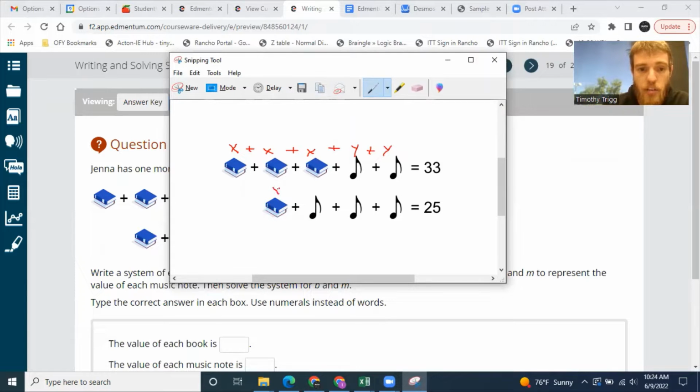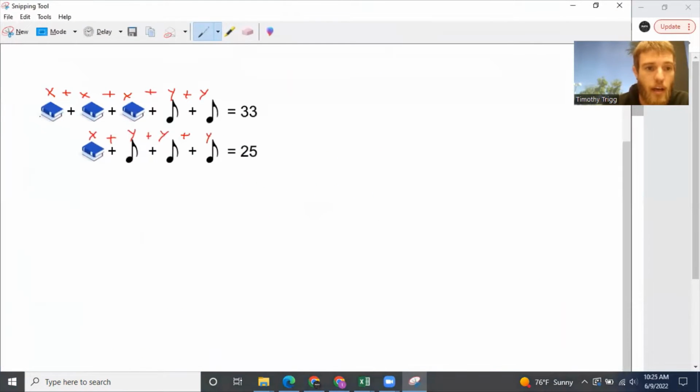Well, it'd look like x plus y plus y plus y equals 25. So let's go ahead and combine like terms on this first equation. So this would be 3x plus 2y, 3x plus 2y equals 33.